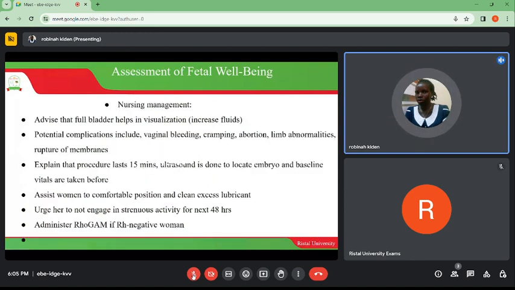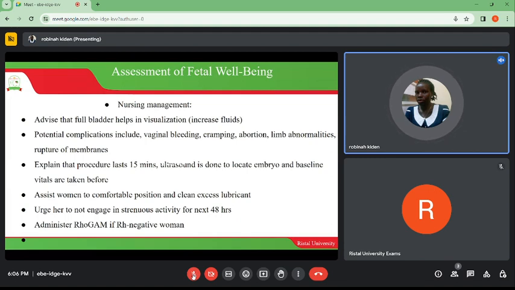We don't encourage the mother to empty the bladder. Then we also explain potential complications to her, which include vaginal bleeding, cramping, abortion, limb abnormalities, rupture of the membranes. Then explain that the procedure lasts 15 minutes.